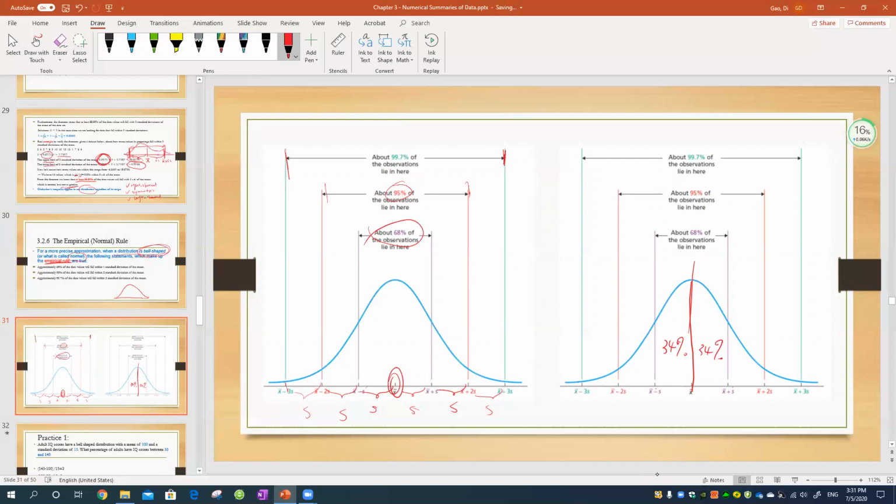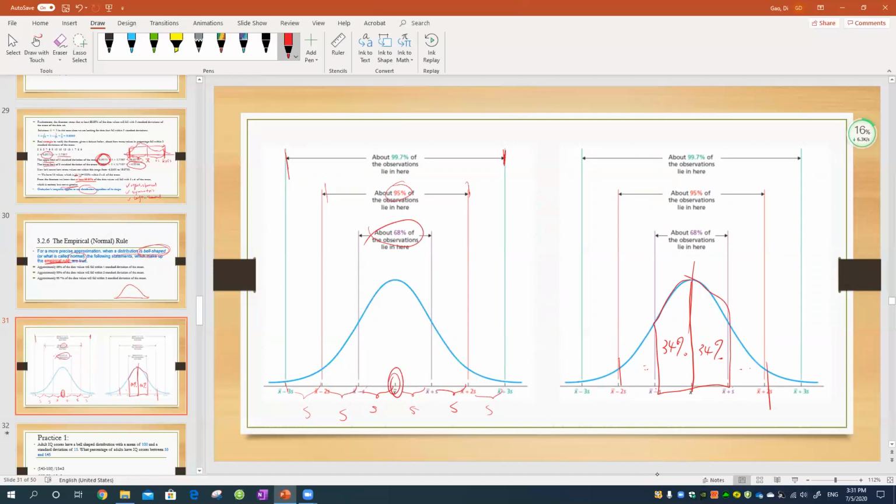And what about this? So 2 standard deviations, we know, is 95%. So if we say this area is 68%, then the area which includes these 2, that is 95 minus 68, is 27%.